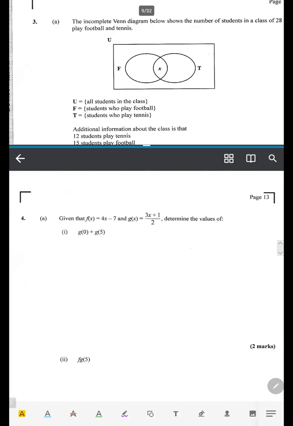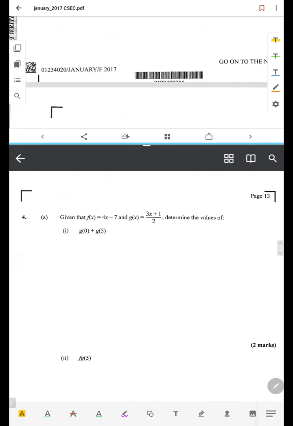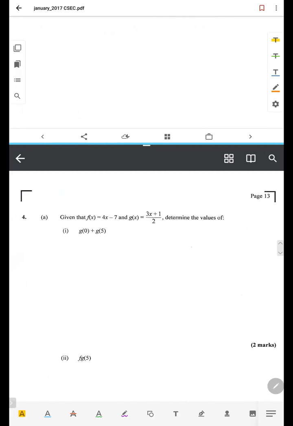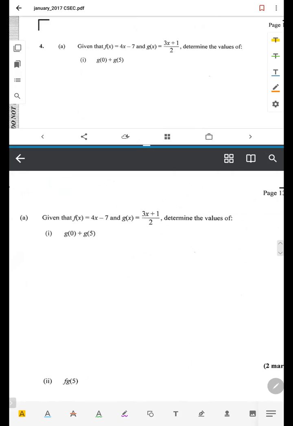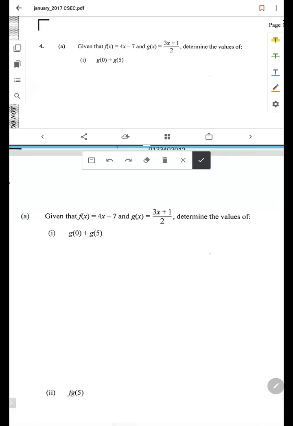The next part now is this functions question. Let's focus on 4. Okay, so this question gives us those two functions and it wants us first to find g of 0 and g of 5. So it means that we're putting 0 in this and we're also putting 5 in that same thing.